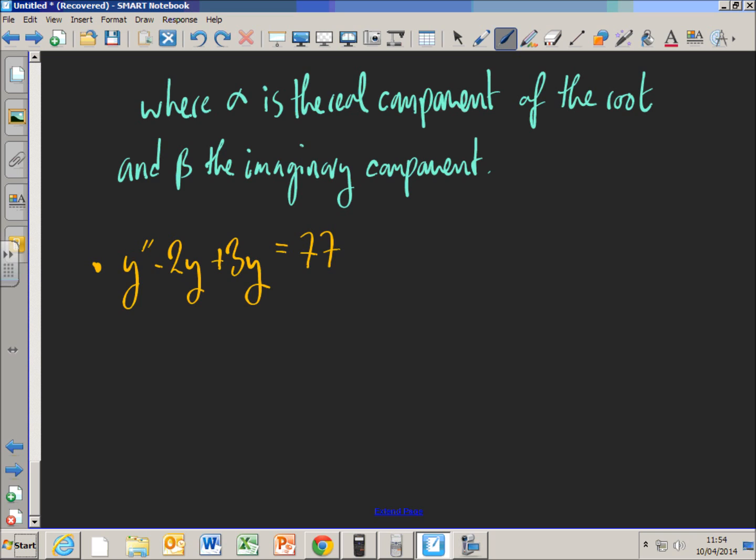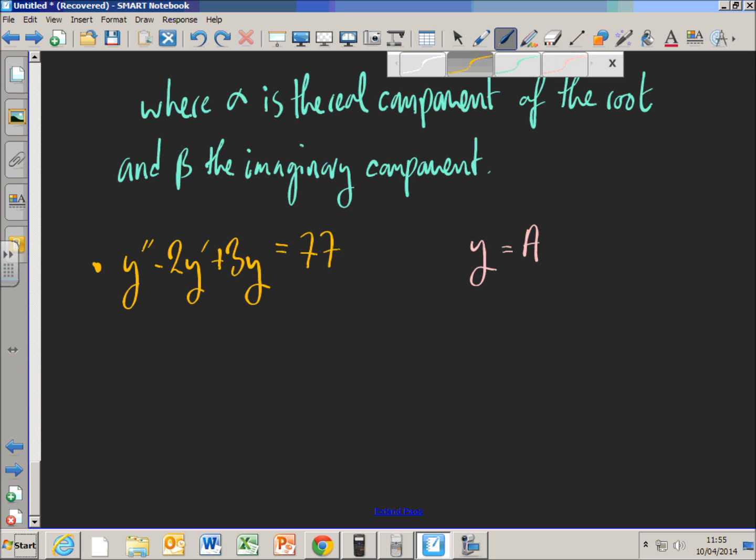What sort of form is y going to have? Just A? Everyone happy with that? What's y dash going to be? What's y double dash? Nothing. So I've got 3a equals 77.